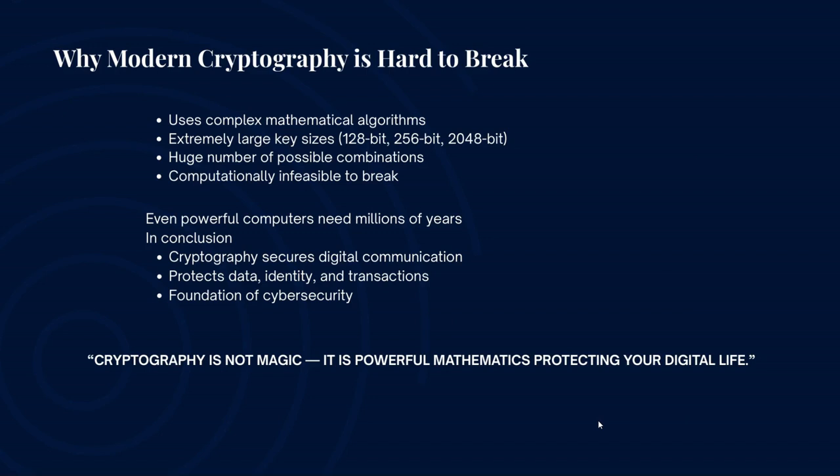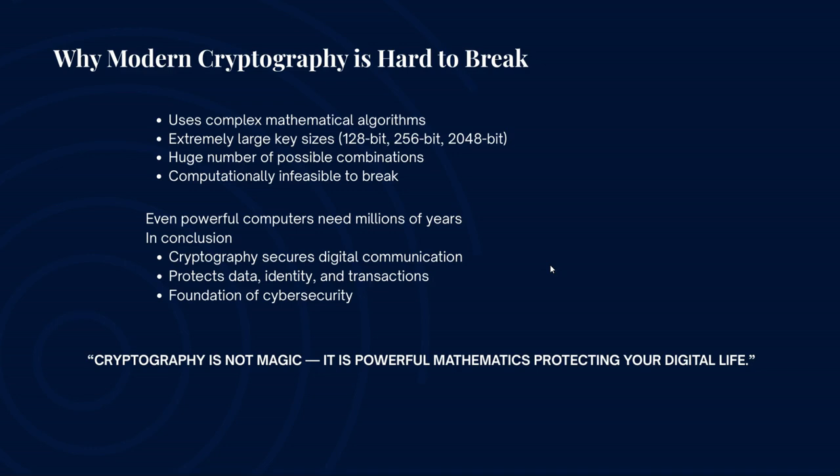Now comes a very important question. If cryptography is just math, why is it so hard to break? First reason, complex mathematics. Modern algorithms like AES and RSA use advanced mathematical operations. Second, large key size. For example, a 256-bit key. This means there are 2 raised to the power 256 possible combinations.